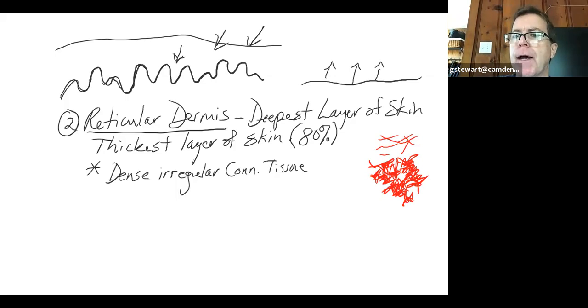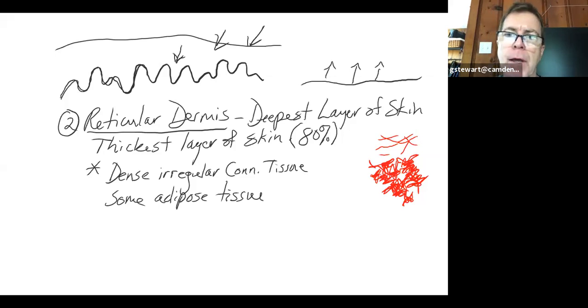We also have, I'm going back to my black pen, there is some adipose tissue found in this layer. The hypodermis below this, which is not part of the skin, by the way, is almost all adipose tissue, but the reticular dermis does contain some adipose tissue.